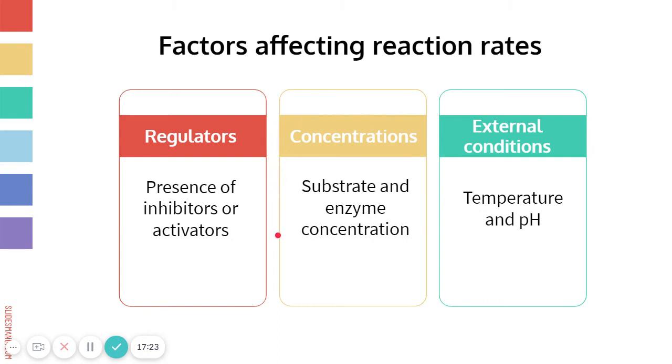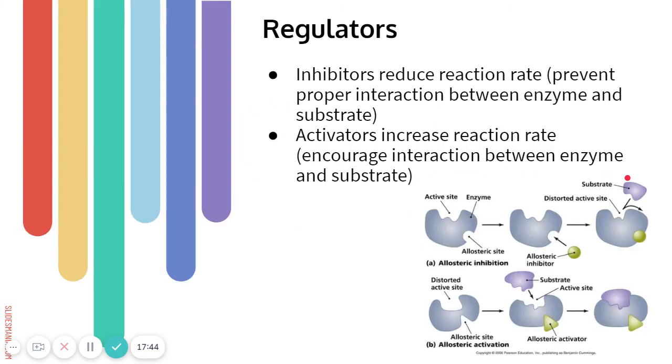So we could think about whether there's a lot of substrate or just a little bit of substrate, whether there's a lot of enzyme or just a little bit of enzyme. Substrate and enzyme concentration will have an effect on the reaction rate. And then finally, the external conditions that are surrounding whatever this reaction is. So things like temperature and pH will also have an effect. So we'll look at these one at a time.